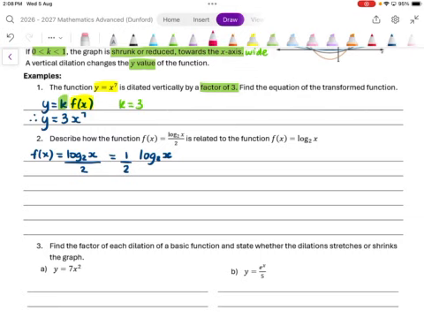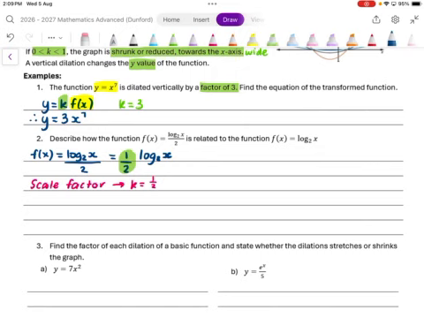So our scale factor, which we can also call our dilation factor, is k equals a half, because our half is out the front.